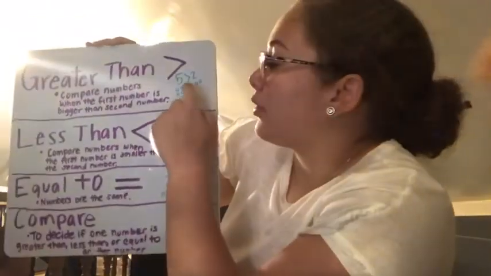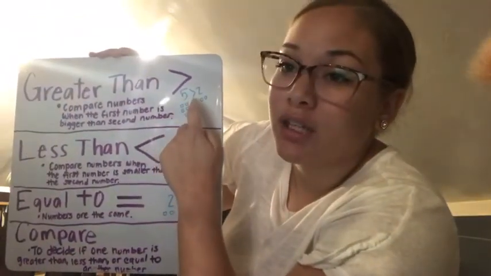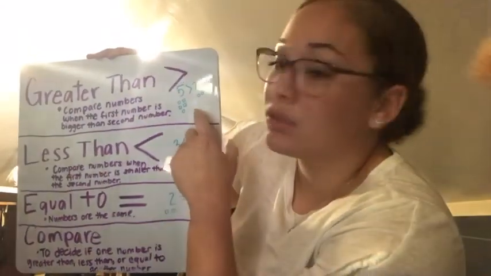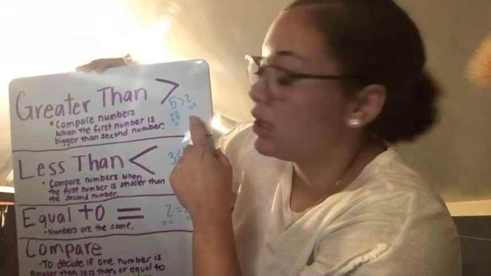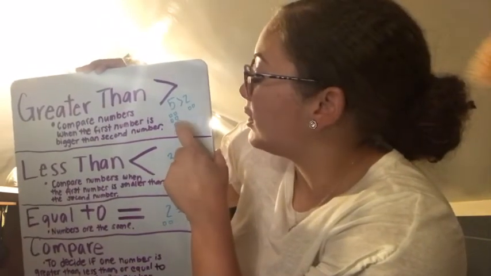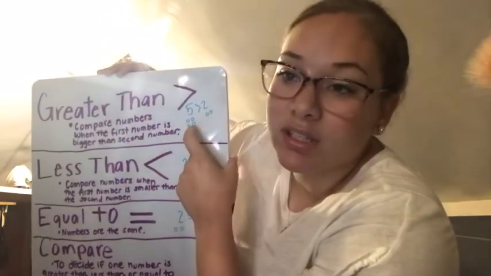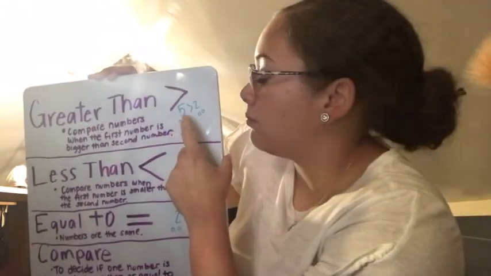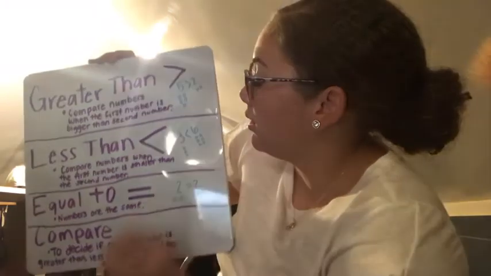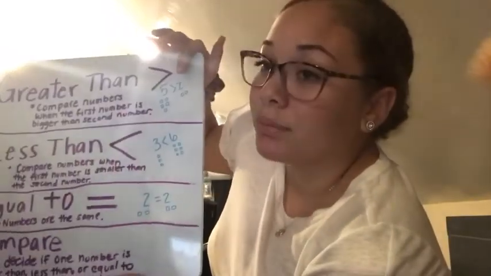So for these examples, for greater than, I have 5 is greater than 2. And I also have the base 10 blocks to show you. So we have 5 and 2. We know 5 is greater than 2 because it has more base 10 blocks, and it's eating the bigger number.